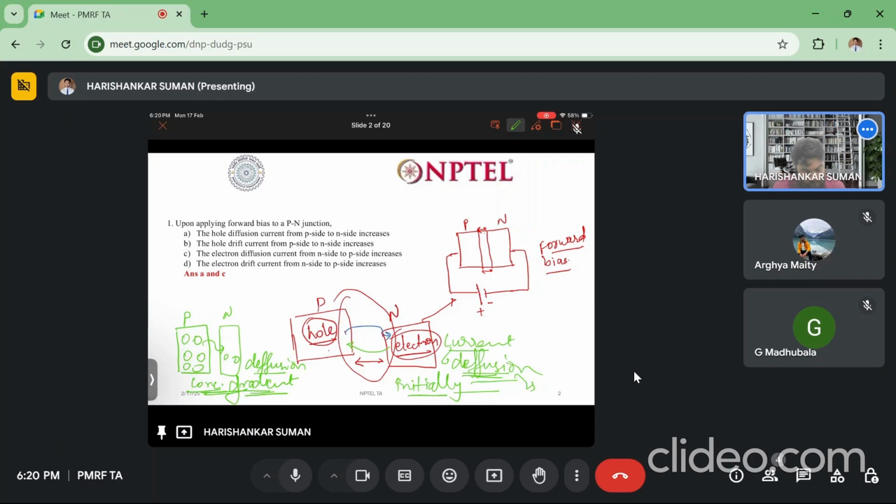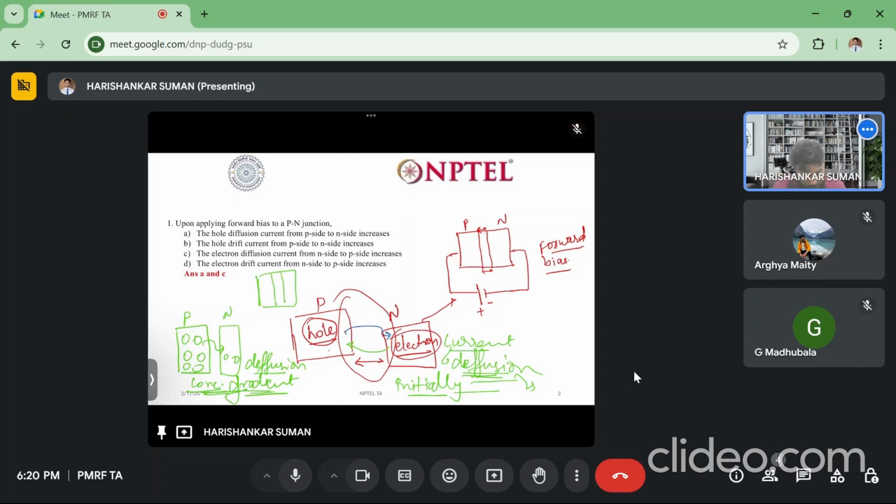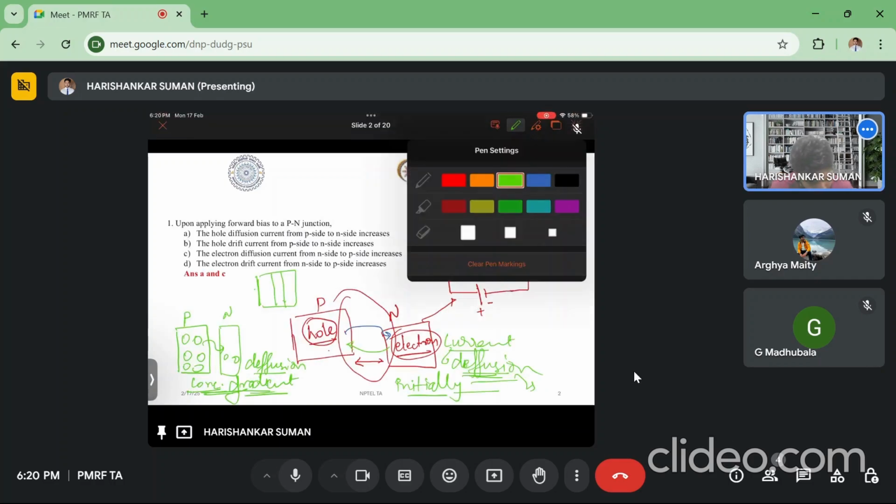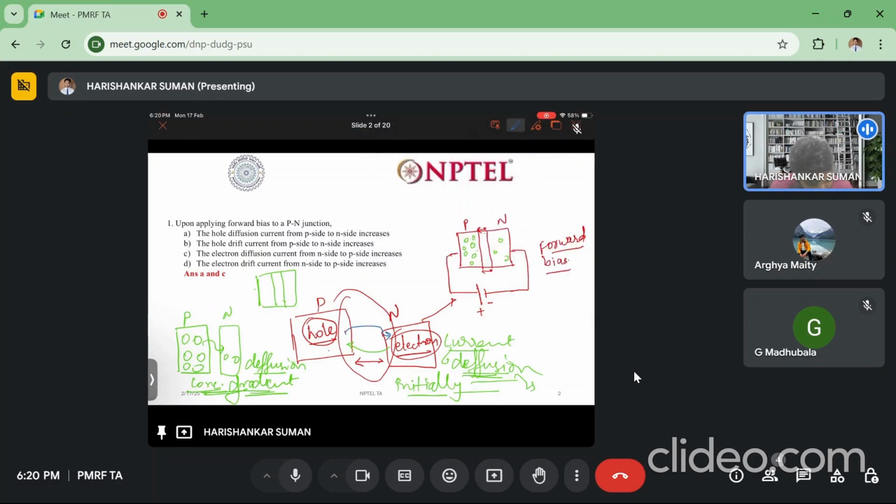But in the presence of an electric field, let's say here the majority is holes and the minority is electrons.